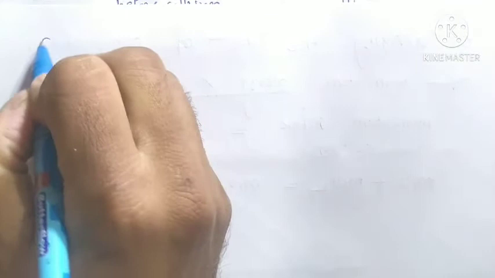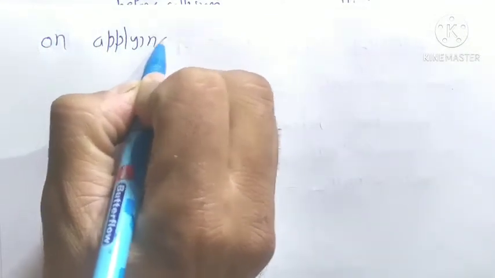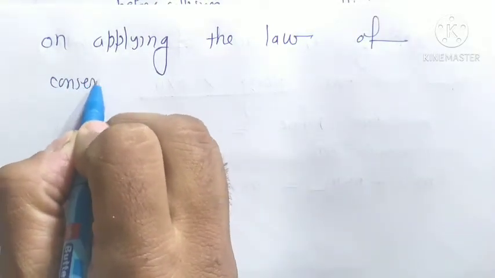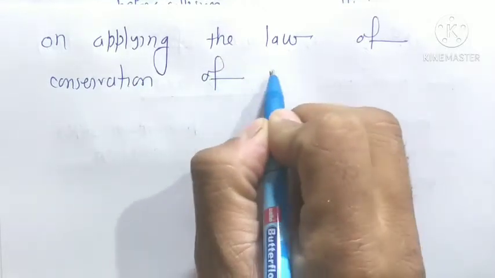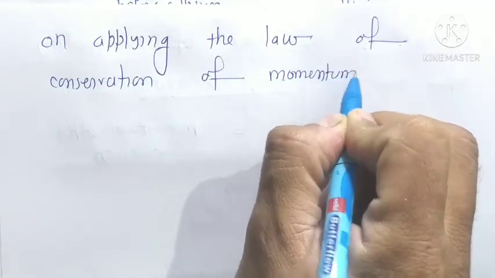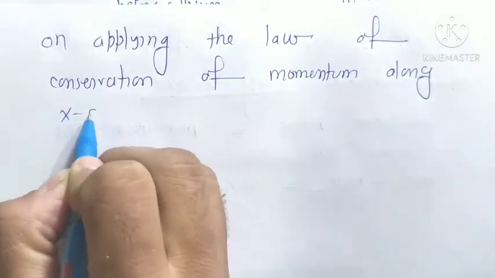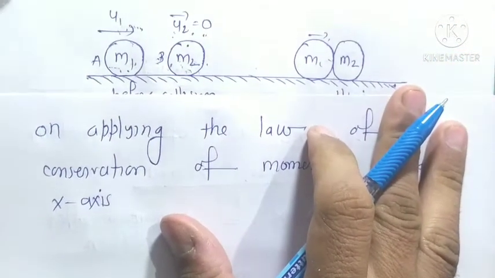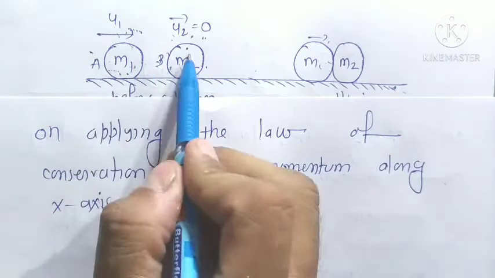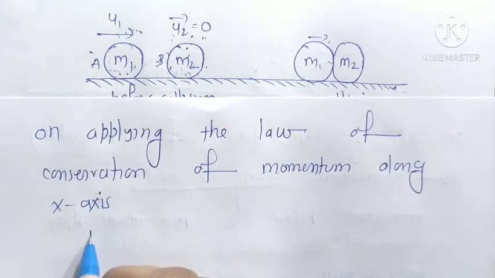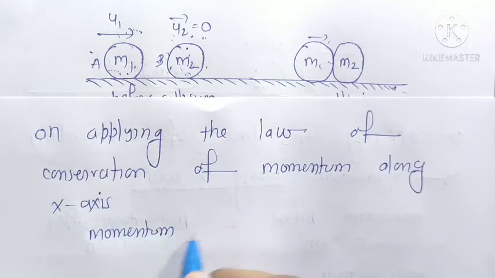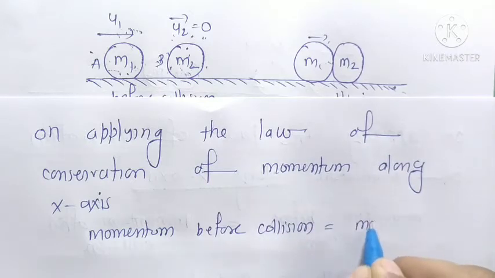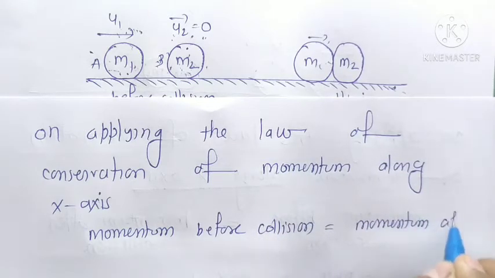So on applying the law of conservation of momentum along the x-axis, we already know the before-collision condition. The momentum before collision must be equal to the momentum after collision.